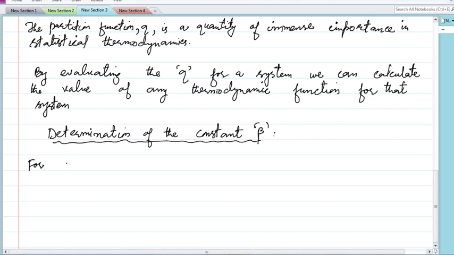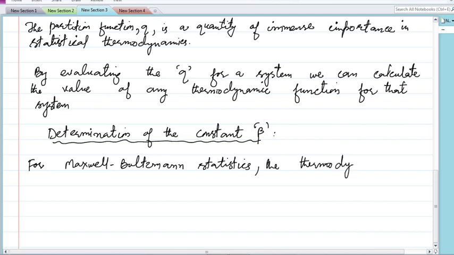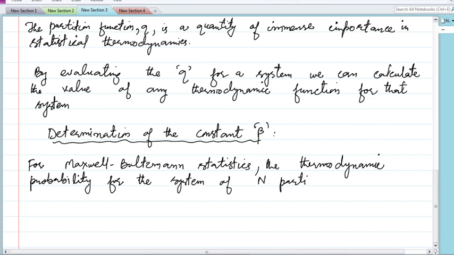For Maxwell-Boltzmann statistics, the thermodynamic probability, we have already derived this thermodynamic probability, so we will give here simply the equation for the system which contains n particles. That means we will simply write that equation here.